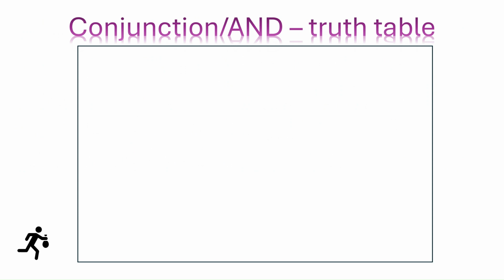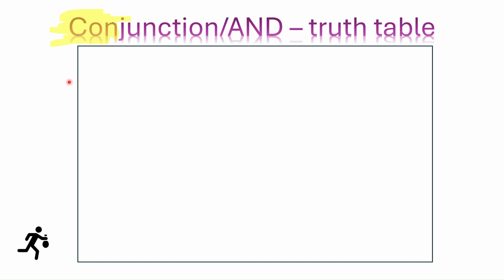Okay. So firstly, we're dealing with the conjunction table, which is your and, right? And the moment you think, I've got to do a conjunction table, you've got to think about this word, con, to help you memorize. All right? You have to remember this word con. So for your conjunction table, the conclusion is always going to be false unless both P and Q is true.